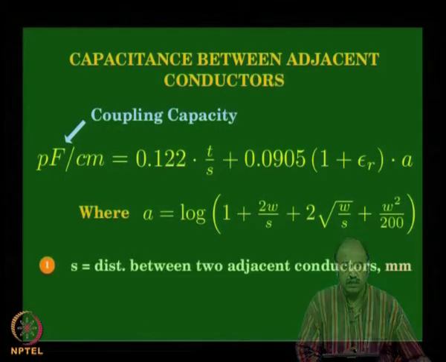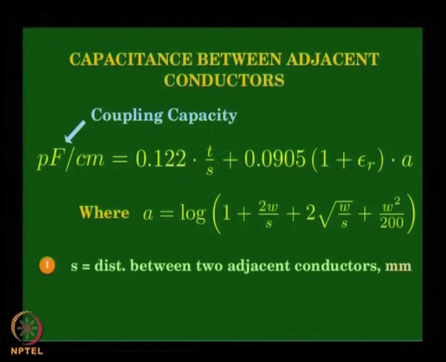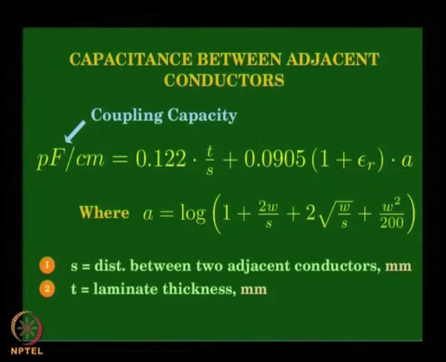So, S is the distance between two adjacent conductors given in mm, and T is the laminate thickness again given in mm, and we know the laminate thickness in most of the common PCBs, it is 35 microns, 35 micrometer, and W is the conductor width in mm. Now, these are the symbols and the empirical rule.